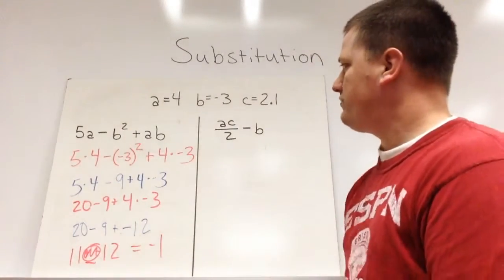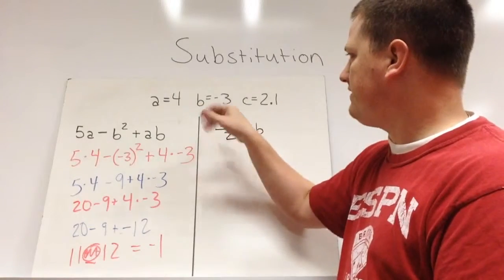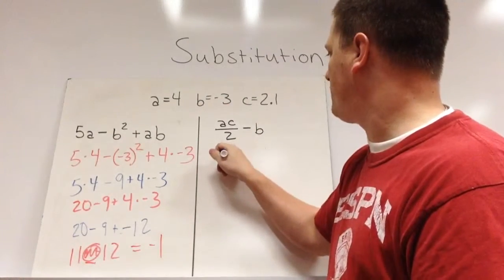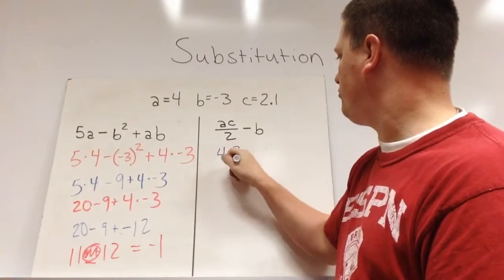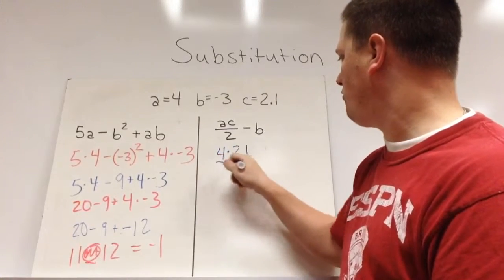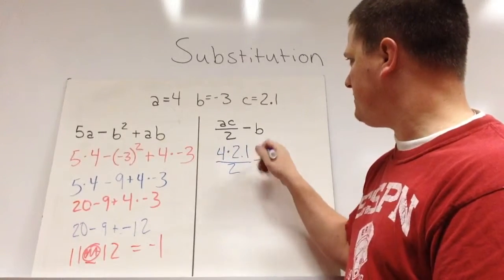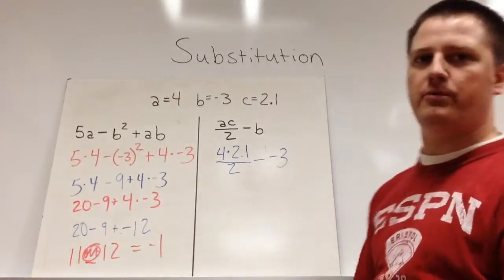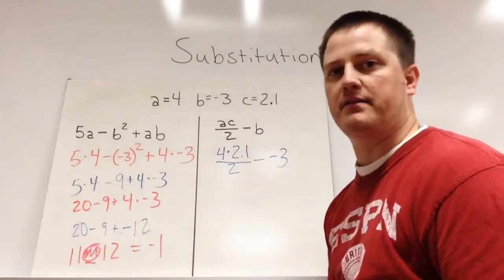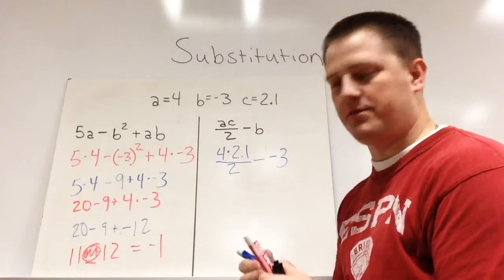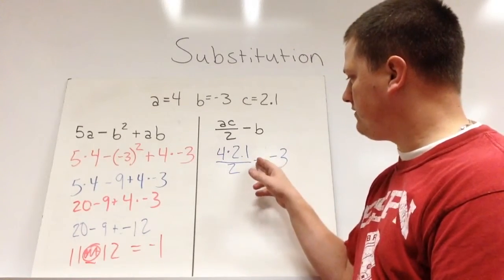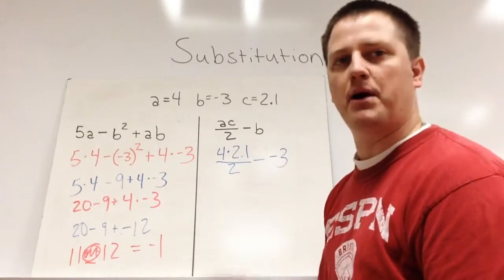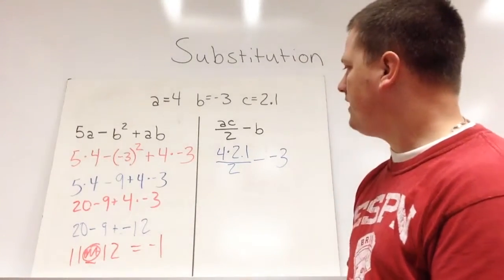Okay, here we have to substitute again. a times c means multiply, so we've got 4 times 2.1 over 2 minus b, which is negative 3. Notice, minus negative 3, we've got to put both minus signs in there, even though some people will think that since there's a minus there, we don't need the negative part. We do. It's important.